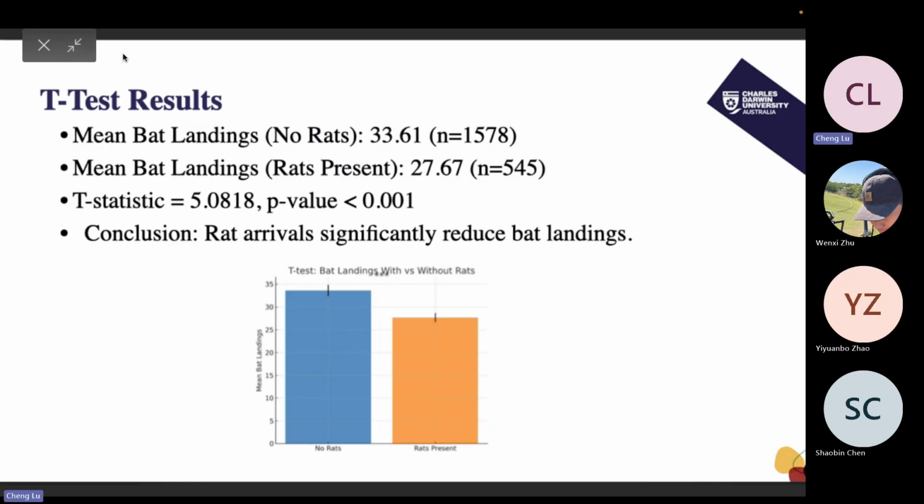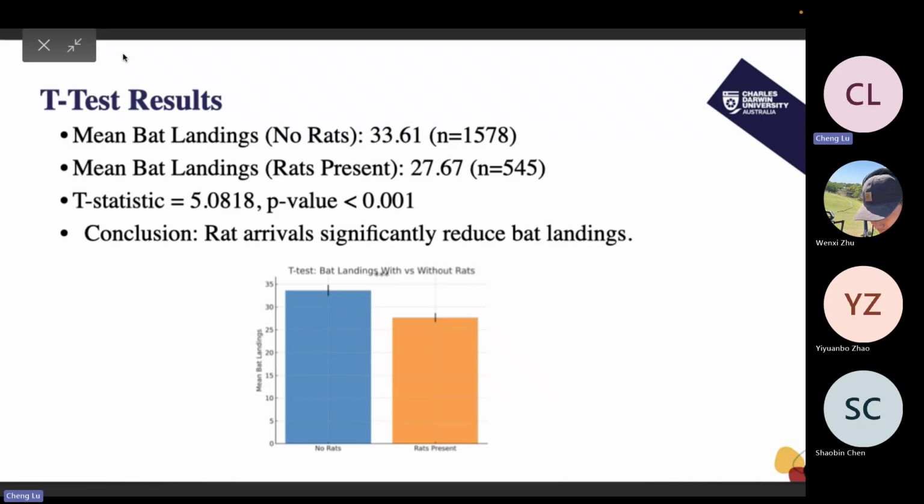So the t-test shows a significant reduction in bat landings when rats are present. Specifically, mean landings without rats are about 33.61 versus 27.67 with rats.